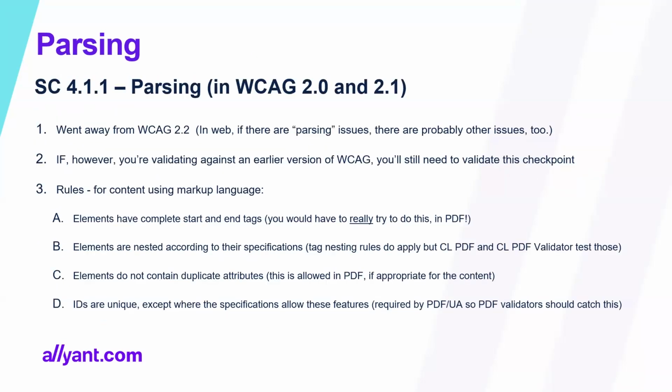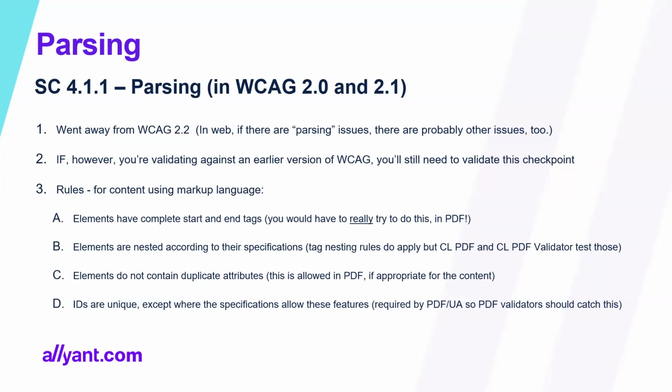Now, our last checkpoint that we'll talk about here is the checkpoint on parsing. This is success criterion 4.1.1. What's interesting about this one is that it was removed from WCAG 2.2, but it is still in WCAG 2.0 and WCAG 2.1, right?